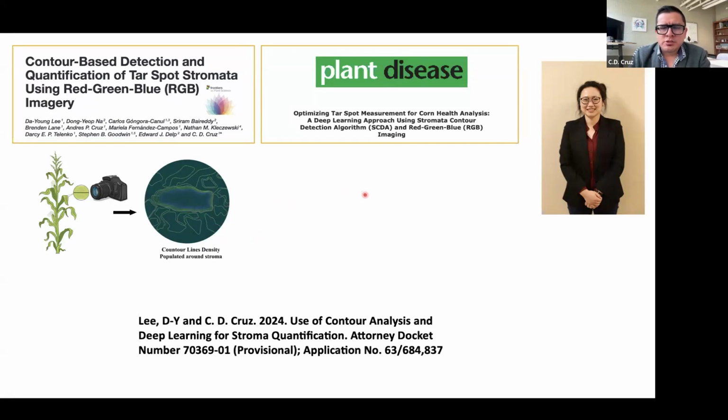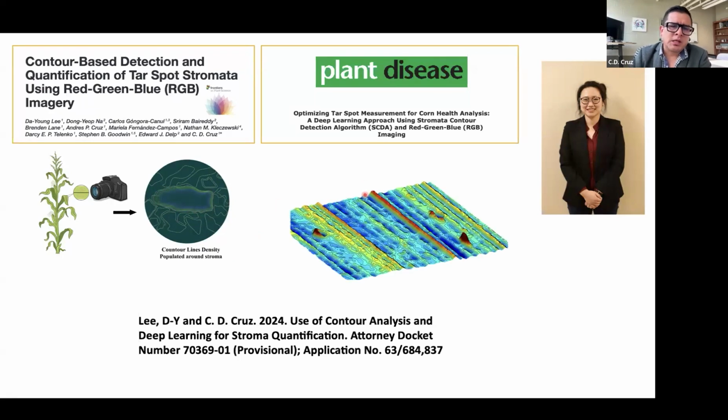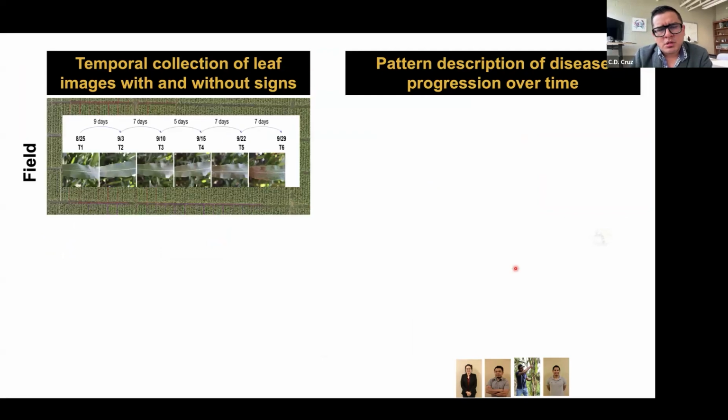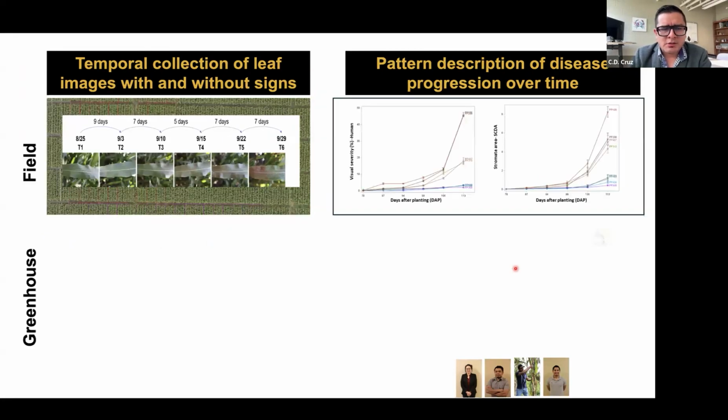And with the version 2 algorithm, we incorporated convolutional neural networks in order to train and retrain and continuously conduct those trainings of the model, because obviously there's always room for improvement. The algorithm has been tested under field conditions as well as greenhouse conditions.